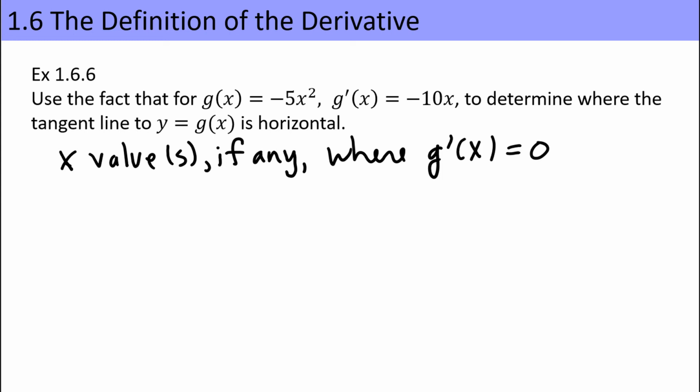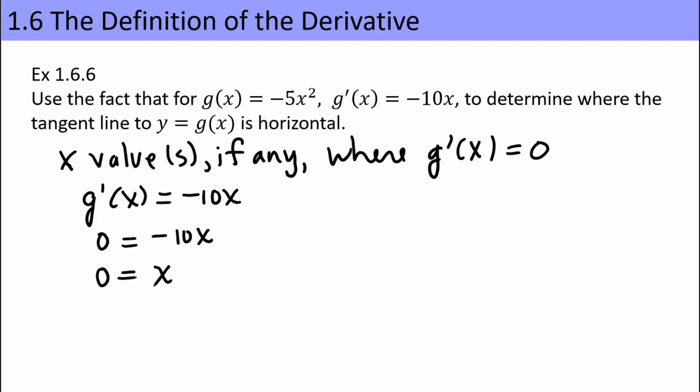Therefore, we will solve the function. The derivative g prime of x equals negative 10x for it to equal 0. 0 is equal to negative 10x. Solving for x, we get that x equals 0.